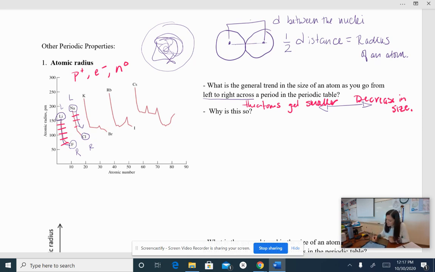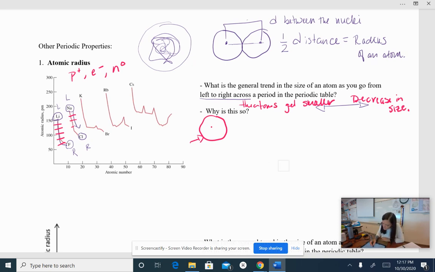I want you to think about it this way. Remember, the nuclei of an atom is so small. All those protons in the nuclei, every time we add another proton to that nuclei, we are adding positive charge to that nuclei. The electrons out here are so spread out that the effective charge in this nucleus becomes greater than the effective charge of the electrons.